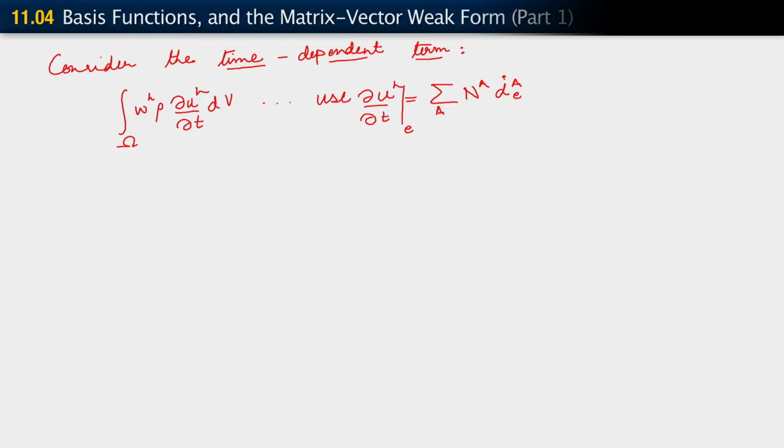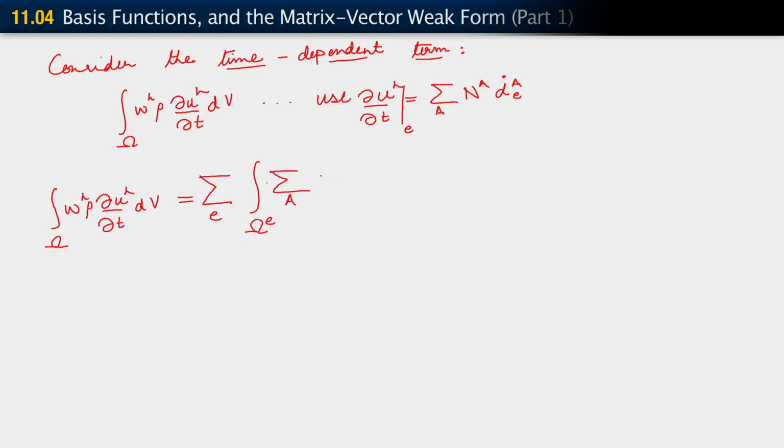Well then, the way this works out is that the integral over omega WH rho multiplying the time derivative is the sum over the elements, integral over each element of the following. Now let's write out the usual sort of summation that we have.